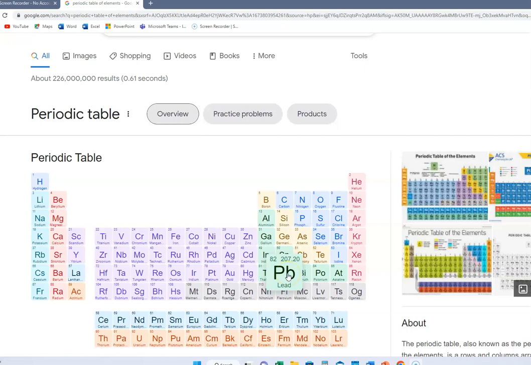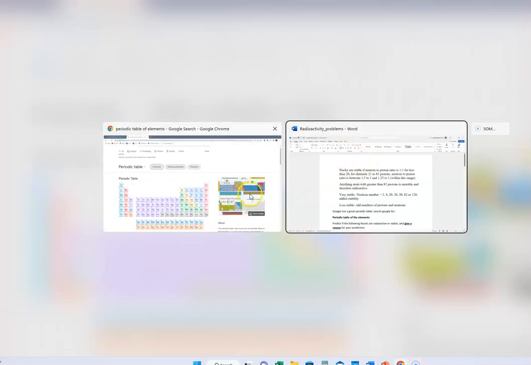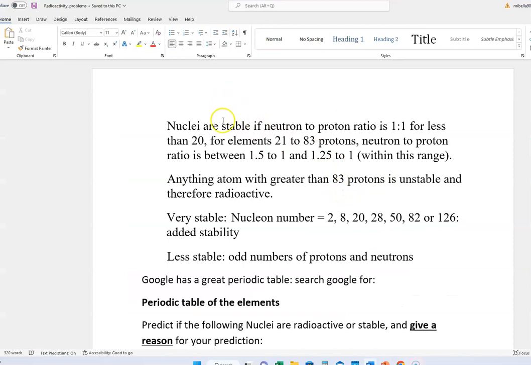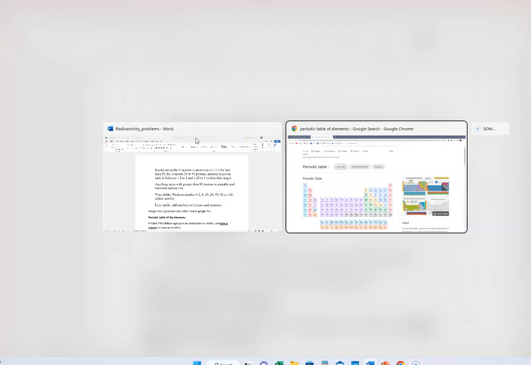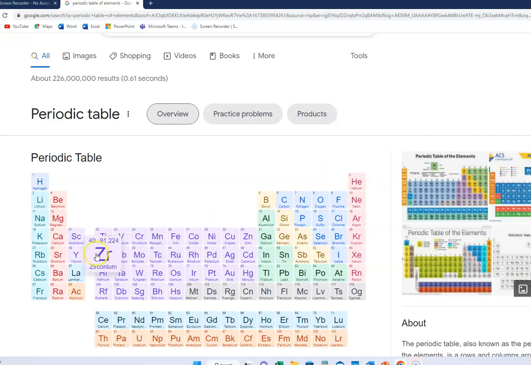All right. So now let's get to the actual problems that we're going to do. We talked about this in the PowerPoint. The stability of nuclei from elements 1 through 20. So you look on the periodic table, elements 1 through 20. Element 20 right there is calcium.